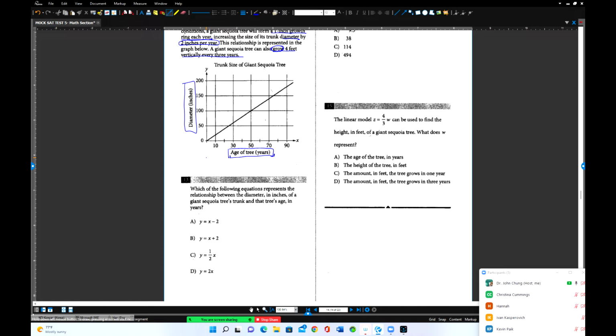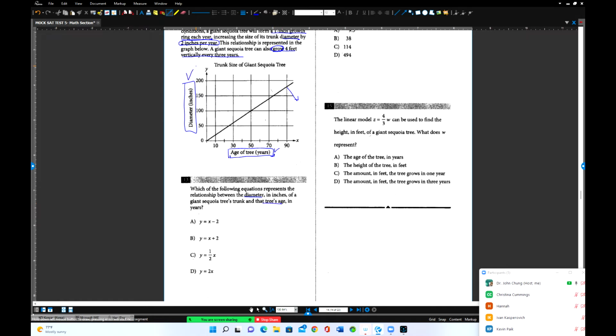From this graph, we're going to find the diameter of the giant sequoia tree. We're going to find the equation of this one, right? Diameter and age.